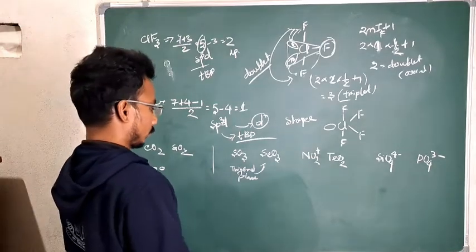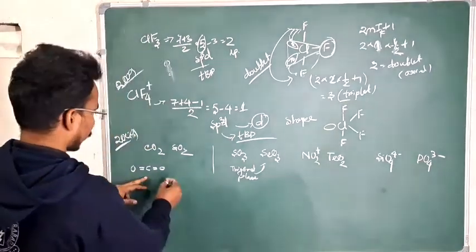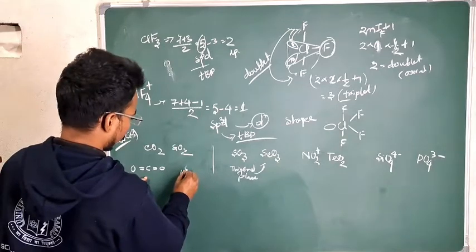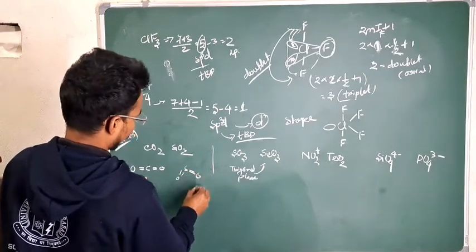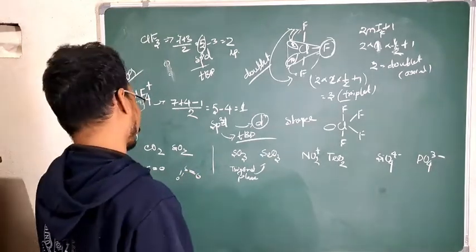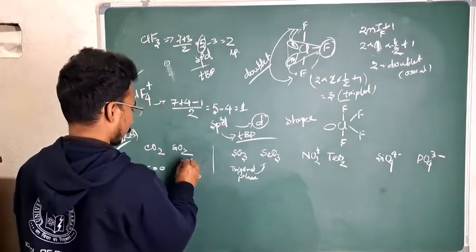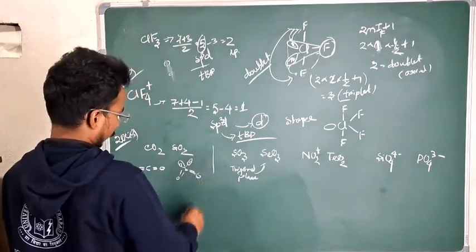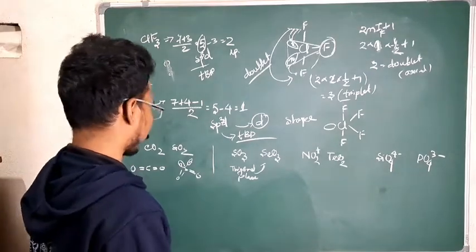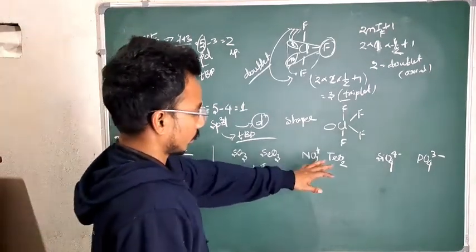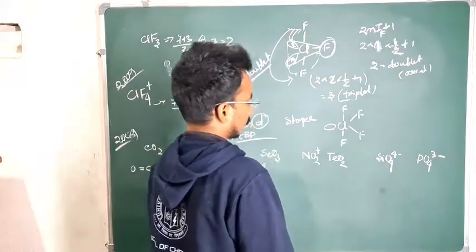Okay, this one is linear, this one is bent. How do I know this one is bent? Calculate. Here NO2 plus. Tell me the shape.